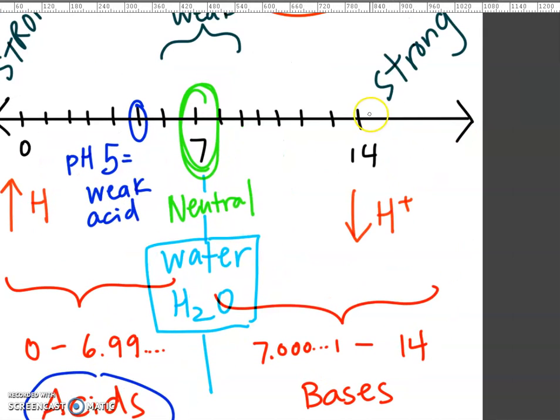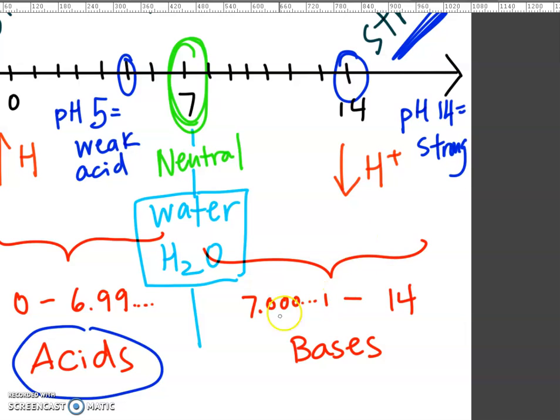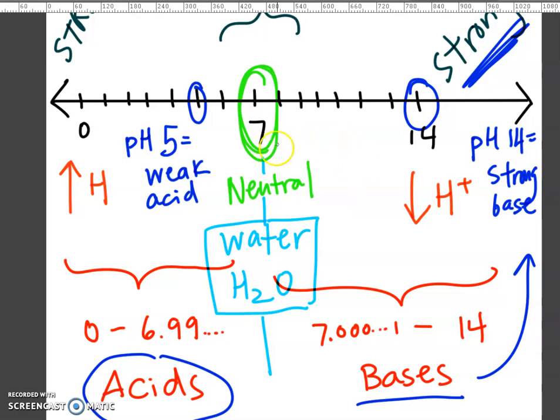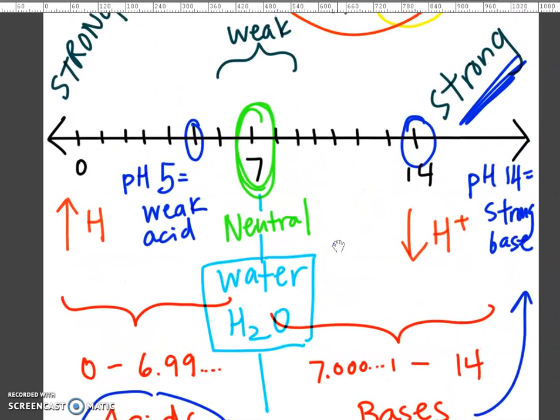Now, something that has a pH of 14, because it's far away from 7, we say this is a strong solution. It's also on this end, so we call it a base. So pH 14 is a strong base, pH 5 is a weak acid. The only thing that is neutral is 7. Okay, so now we've talked about pHs.